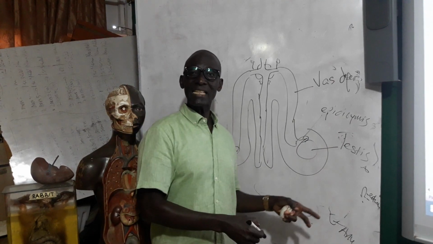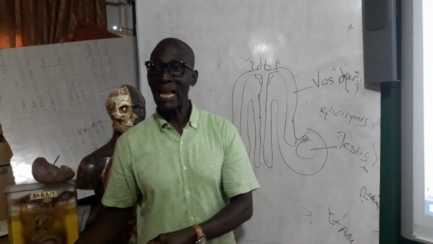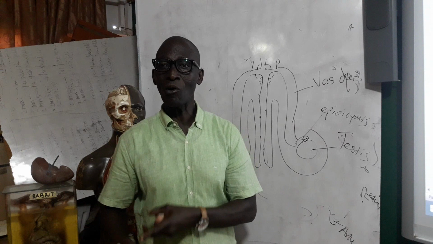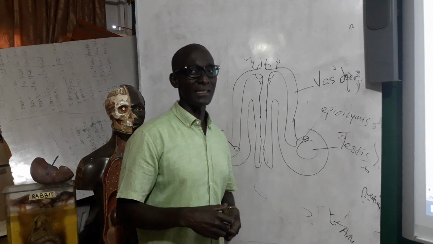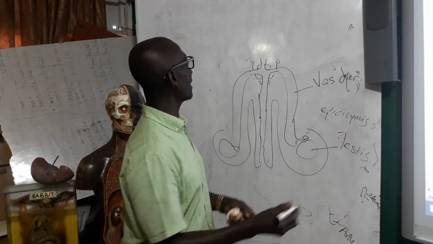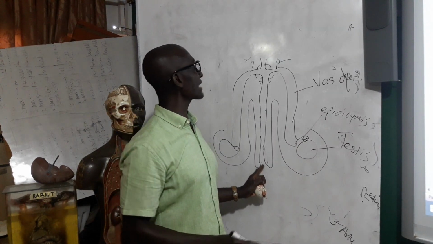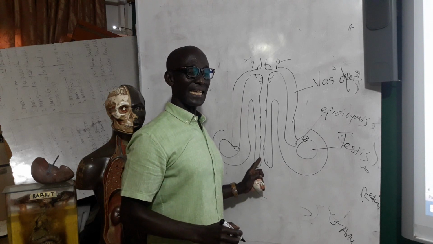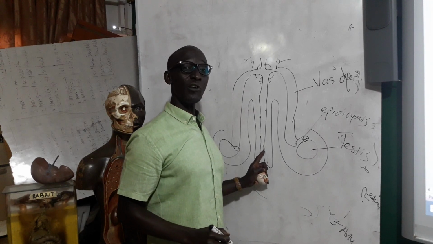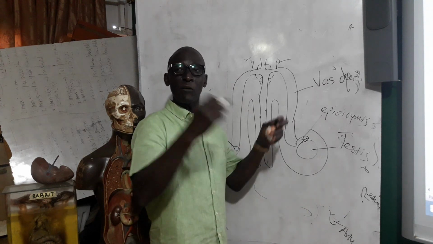So the urethra is involved in excretion of urine as well as the secretion of semen. Hence the name urinogenital organ.